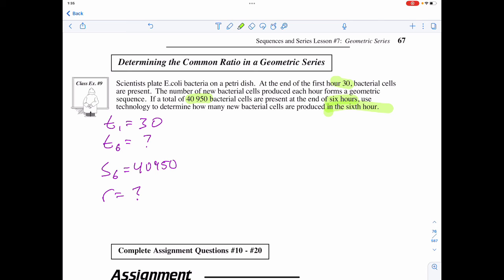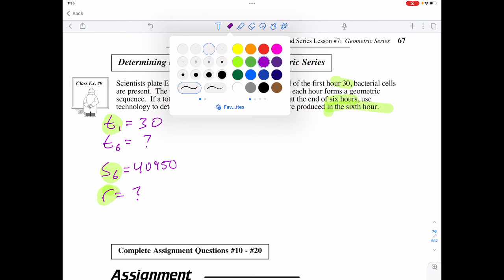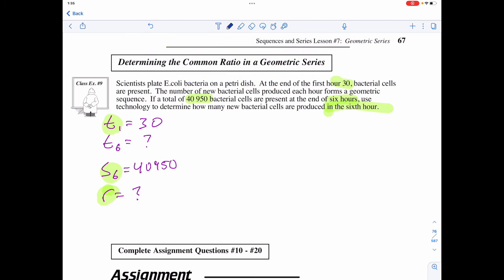Well, based on the information I have and what I'm trying to find first, I have a formula that works for that. I know I have a sum formula that states that my first term multiplied by my common ratio to the power of n minus 1, divided by my ratio minus 1.